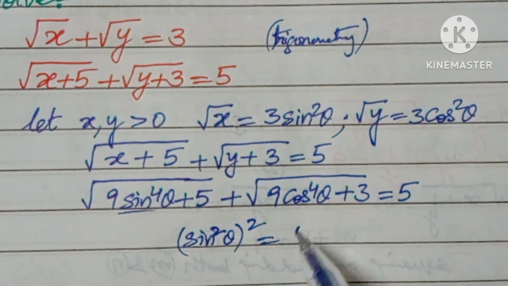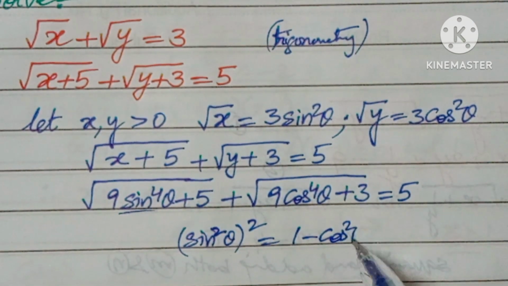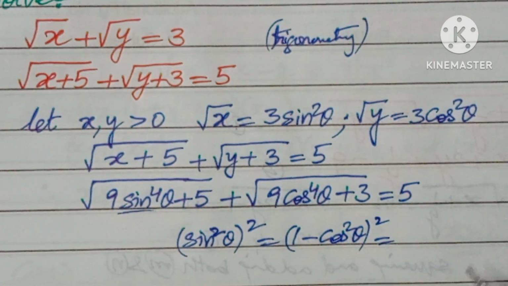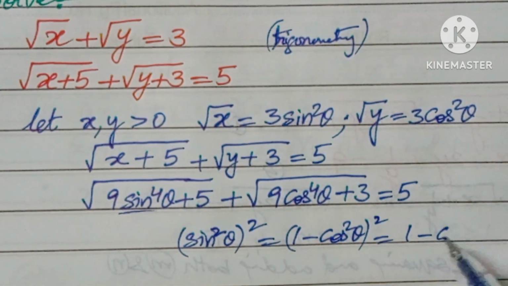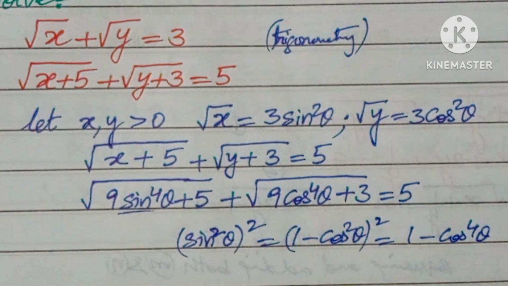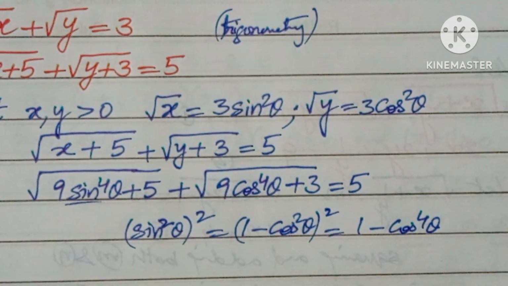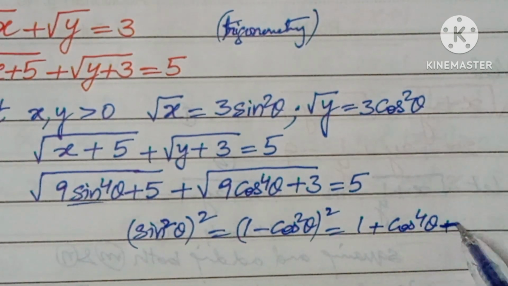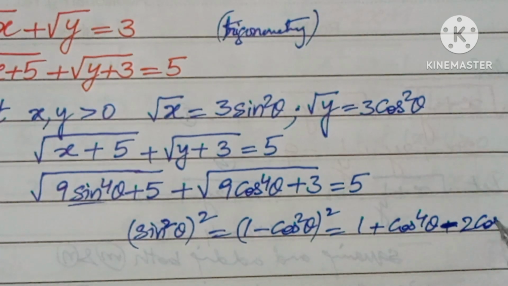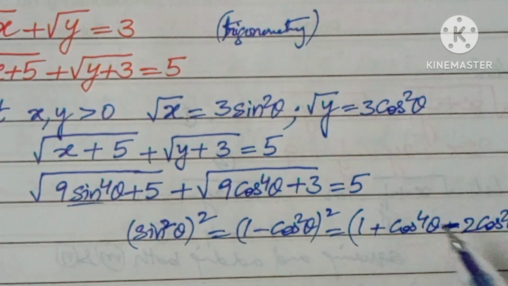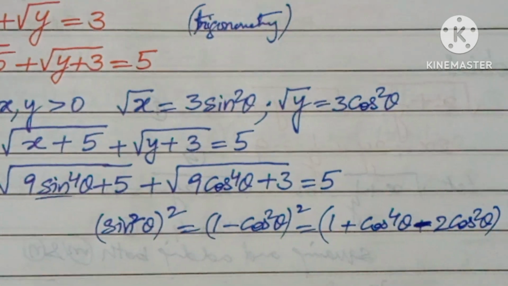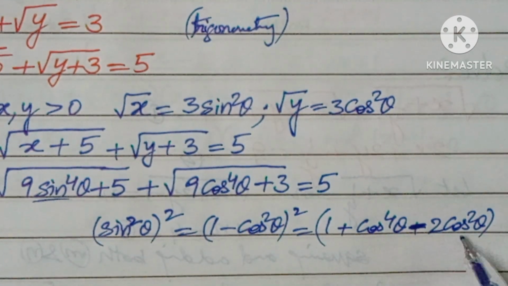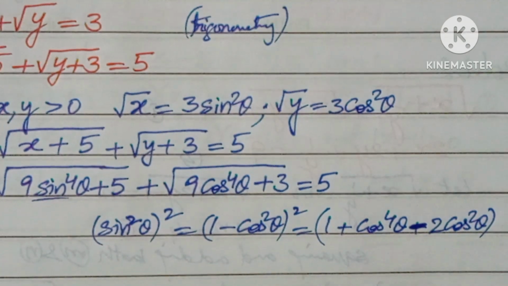This can be written as 1 minus cos square theta whole square, that is equal to 1 minus cos power 4 theta plus minus 2 cos square theta. So I will write this as 1 plus cos power 4 theta minus 2 cos square theta.